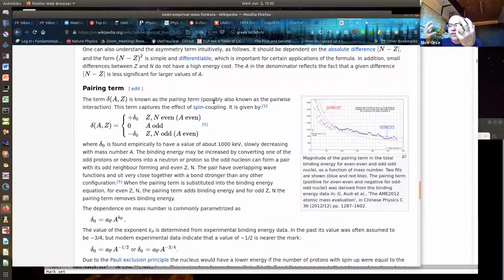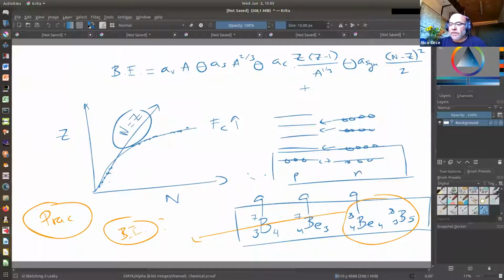Pairing means that you pair 2 protons, 2 neutrons, or even 1 proton and 1 neutron. This coupling implies a large overlap: one particle goes one way, the other goes the other way, so the trajectories overlap very well. This overlap is very important because they get closer to each other.